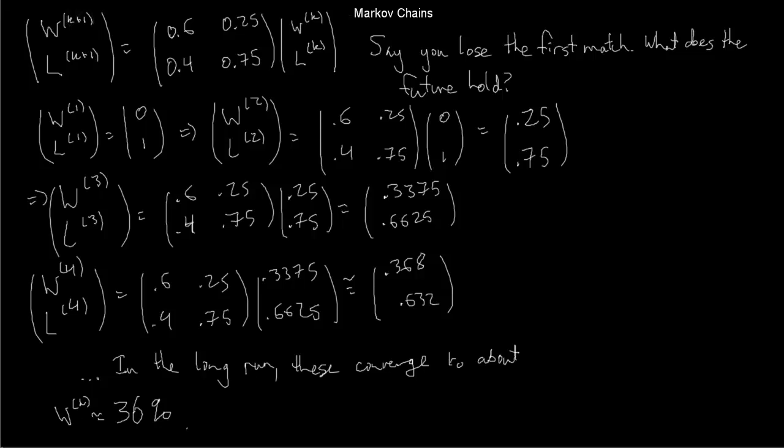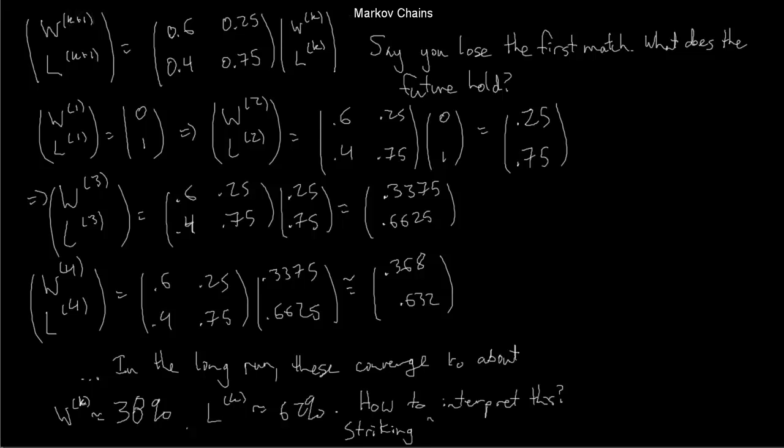So your win probability in general, in the long run, is about 38%, and your loss probability is the complement of that. It's 1 minus 38, so I guess 62%. So in the long run, you should be losing 62% of games and winning 38% of games, given that you lost the first one. That's how to interpret that.